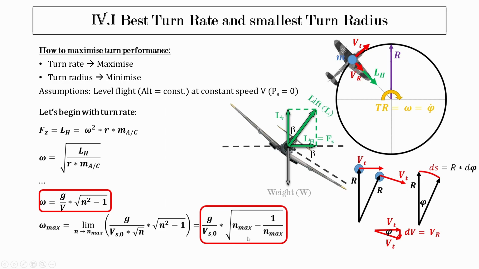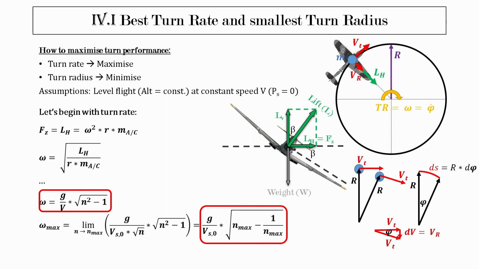So we plug this in here, and now you could technically do some math. You can figure out what is the maximum load factor my airplane is capable of maintaining, either instantaneously or for a short period of time. And then you can plug in your sustained load factor, and we've talked about this in previous videos. For a World War II fighter, it's somewhere between 2 and 3.5 G, depending on what you fly.